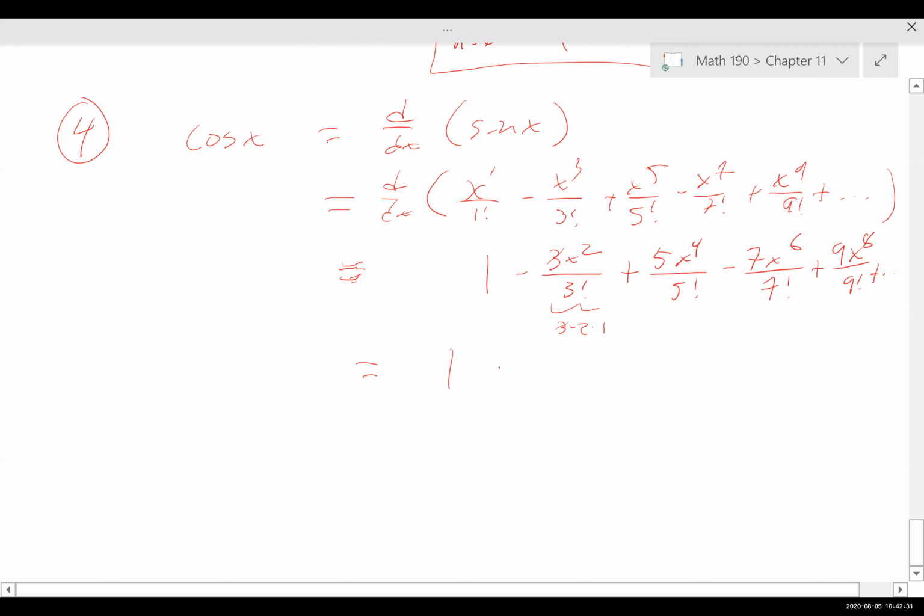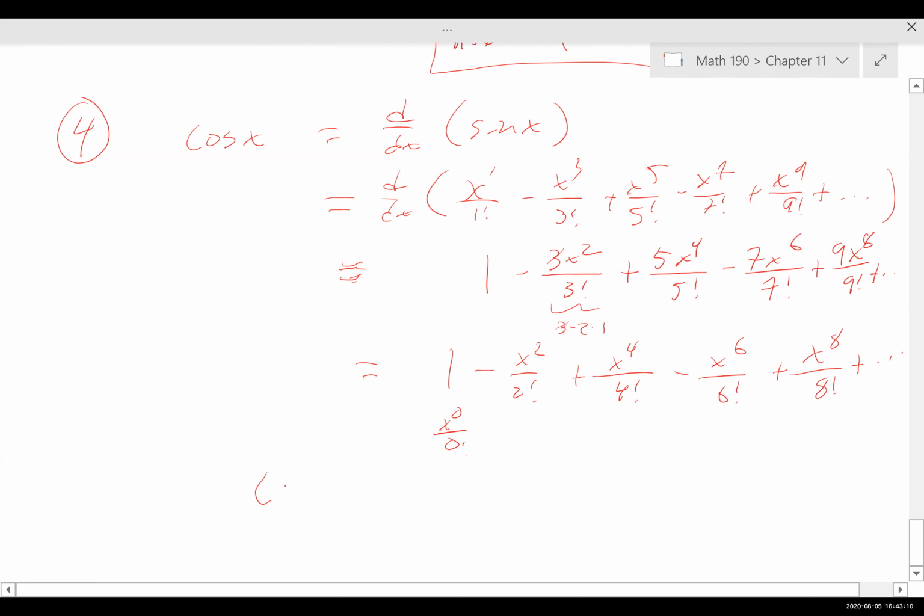So this is 1 minus x squared over 2 factorial plus x to the 4th over 4 factorial minus x to the 6th over 6 factorial plus x to the 8th over 8 factorial plus dot, dot, dot. That's kind of cool because those are the even powers. You can think of 1 as x to the 0 over 0 factorial, and then this is the even powers and not the odd powers.